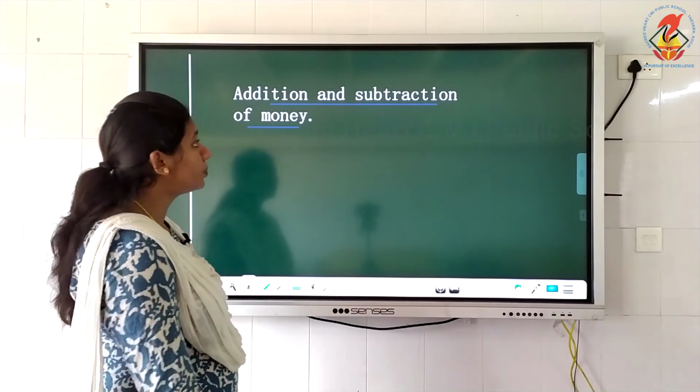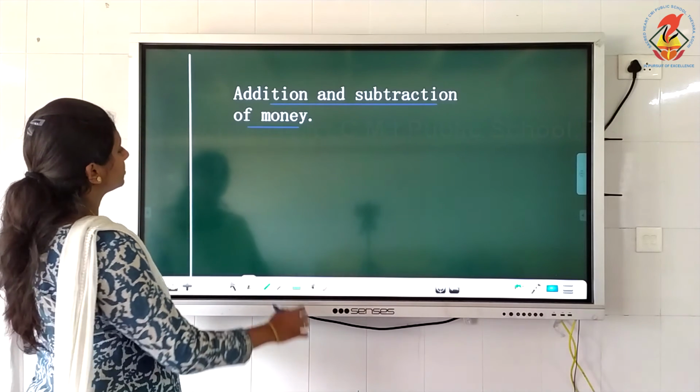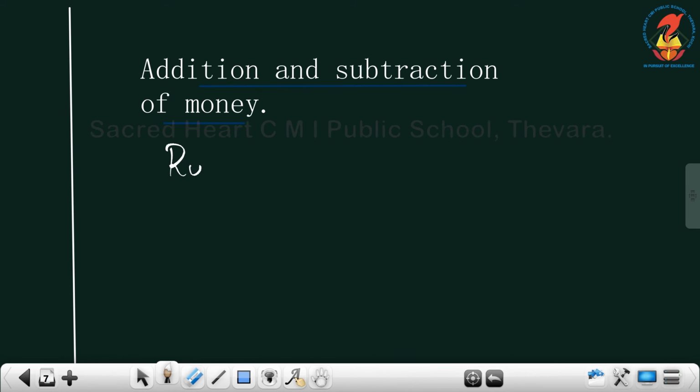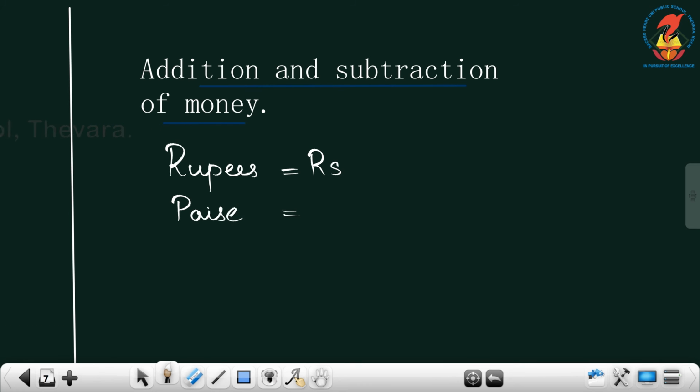In short, rupees we can write Rs, and in short paise we can write P. Clear?